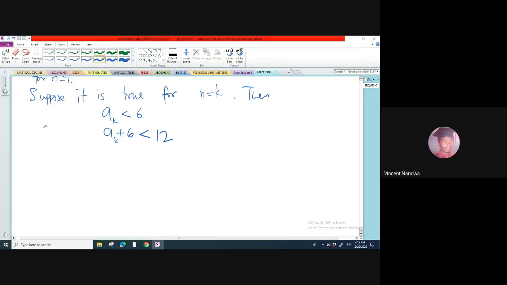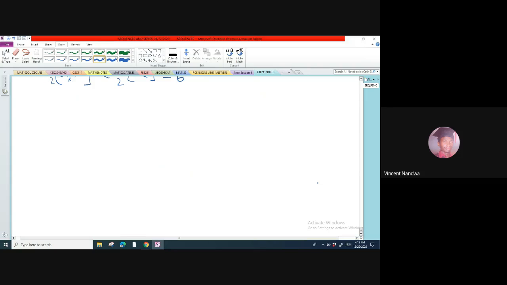So a half into ak plus 6 must be less than a half into 12, which is 6. Thus, ak plus 1 is less than 6. So this shows that an is less than 6 for all n.